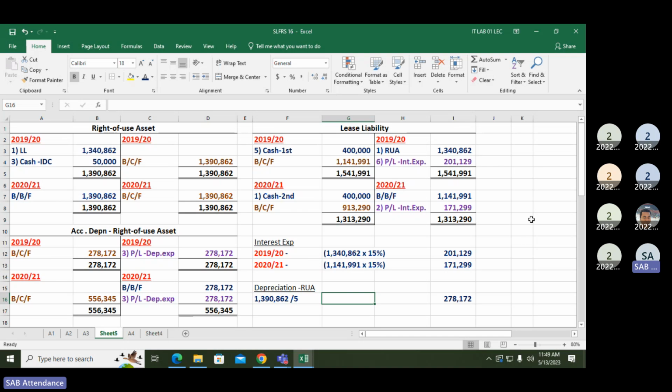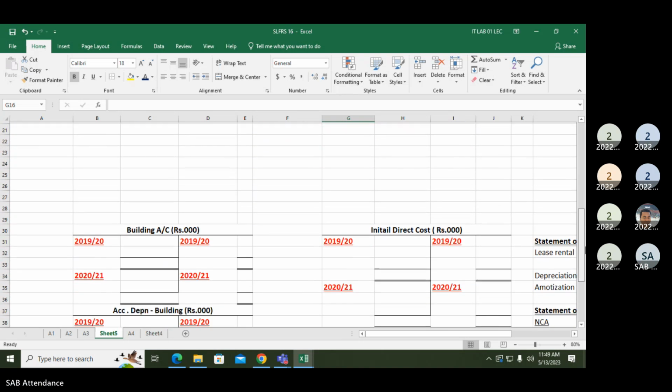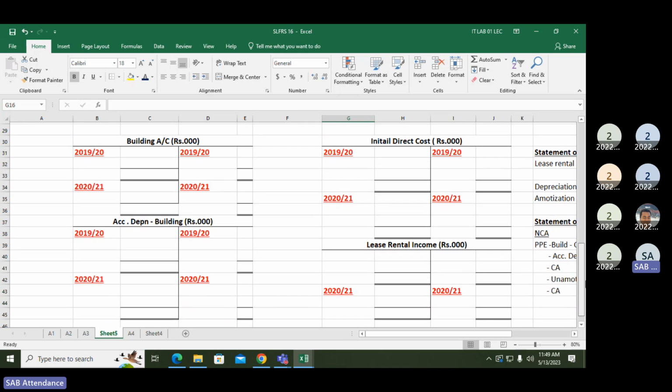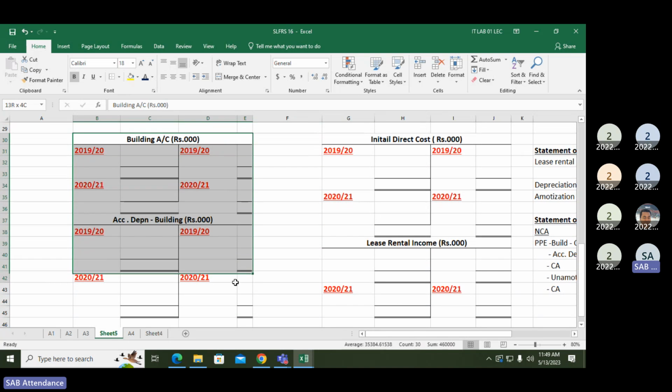The lessor keeps the building, should depreciate the building, and should recognize the lease rental income. In addition to that, the lessor also incurs initial direct cost 50,000 that should be amortized over 5 years. Right? So take this.